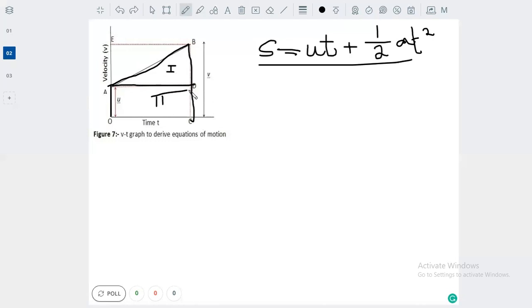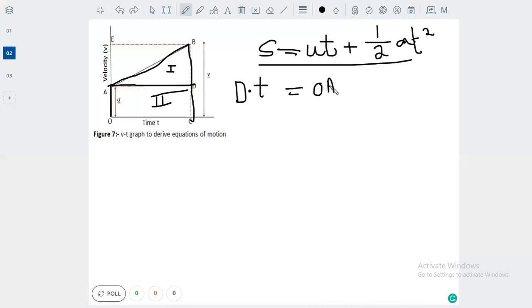To get this distance, you have to add the first figure and second figure, whatever the area we get. So distance traveled is equal to OABC. Here, I'll just write it in the shortcut form.